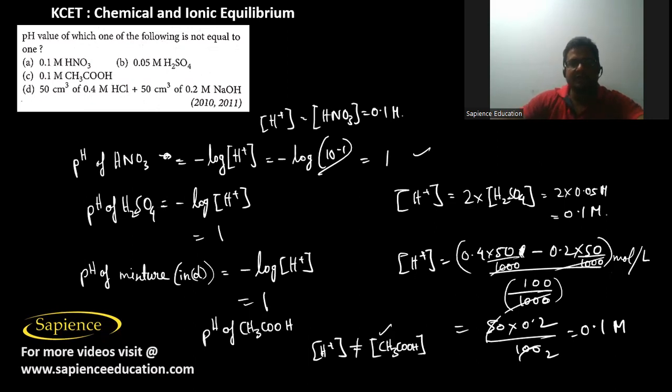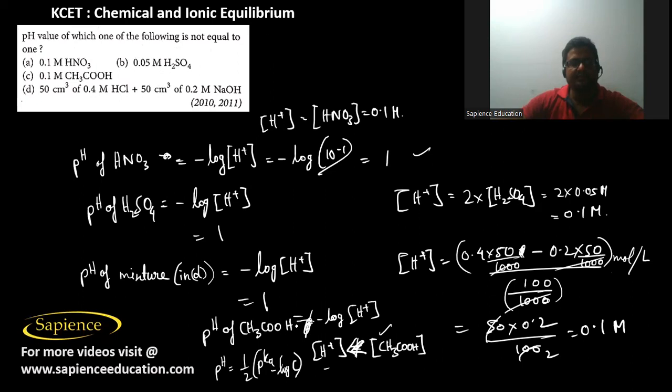So the pH value of a weak acid we have to find using pH equal to half of pKa minus log C. For a weak acid we have to find using half pKa minus log C. So the pH of CH3COOH will be minus log of concentration of H plus, but here the concentration of H plus will be much lesser than the concentration of CH3COOH.